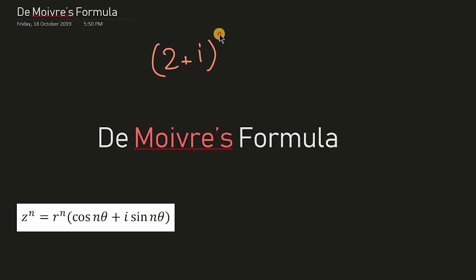When we raise this to 2, pwede nating ma-solve to using the multiplication method. Pwede nating siyang i-FOIL method. Pero how if meron tayong value na 2 plus i raised to 10? That would take too long if magpo-FOIL tayo. So, itong gamit ng De Moivre's formula is to do a shortcut kapag nag-raise ka na into higher degrees.